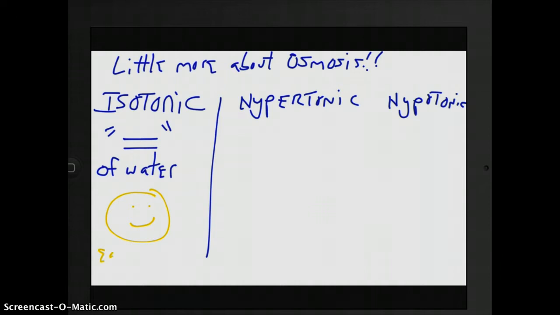It is happy. Hypertonic means there is very little water on the outside of the cell compared to the cell.